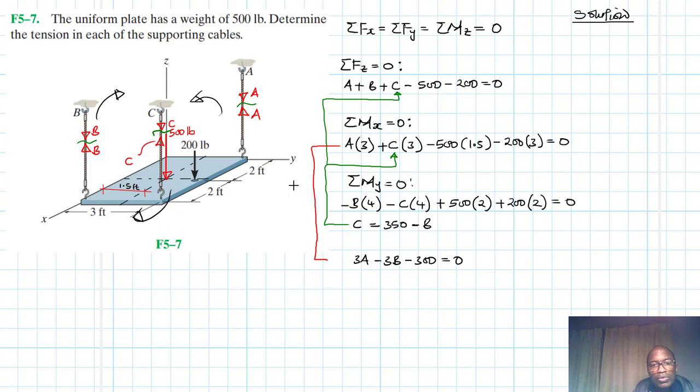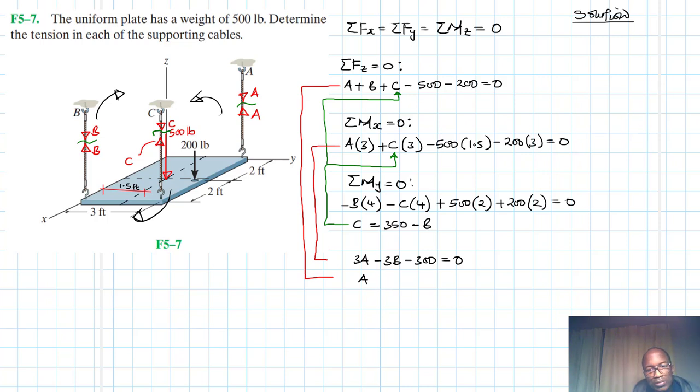So we do the same in the other equation. Let's plug in and get the equation. What do we get? C there is just 350 minus 500 minus 200, so we have a minus 350. So we'll have an A there, and then a minus B there, so it cancels out.